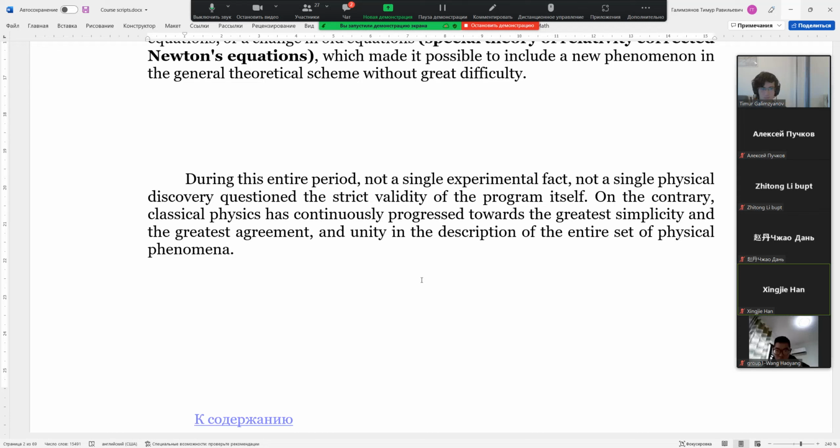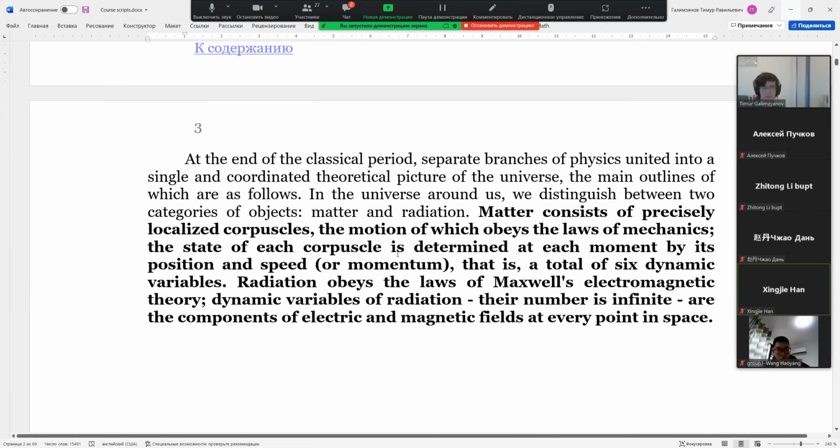But what we have gathered today about is that there were some experiments that stumped physicists, because they could not explain them in the concept of classical physics.